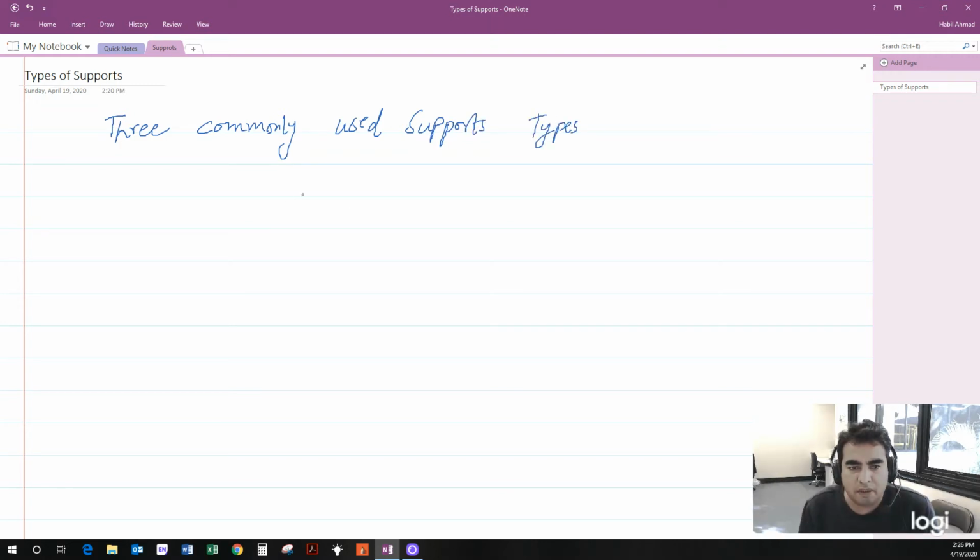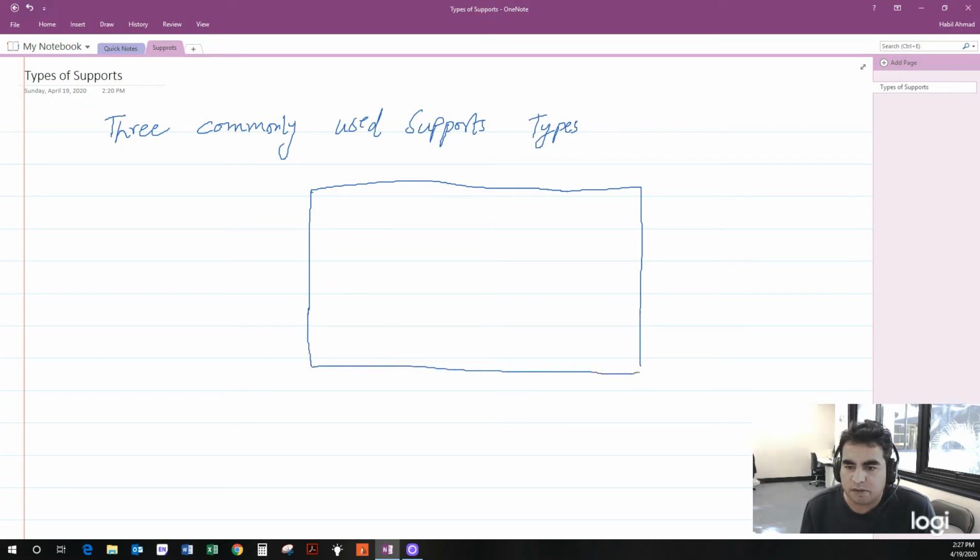I will draw them in a tabulated form so that we can differentiate between the support types and their functioning.